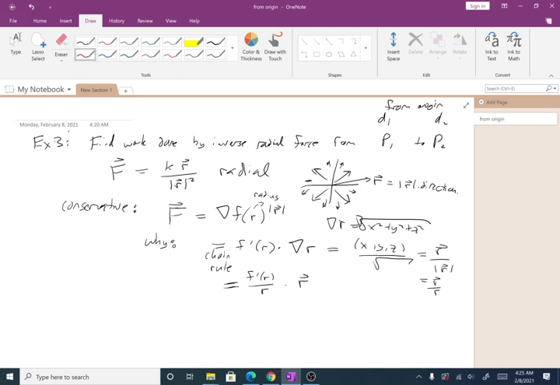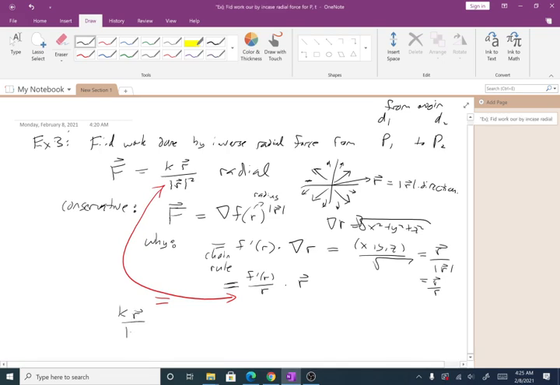So now let's equate these two things. So in other words, k times the position vector divided by the radius squared. Let me just write little r so it's less cluttered. This will be equal to f prime of r times the position vector over r. So therefore, if we equate these two things, k divided by r squared should be f prime of r over r. In other words, f prime equals k over r.